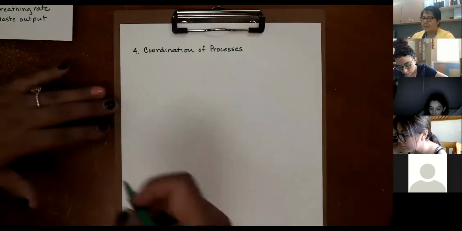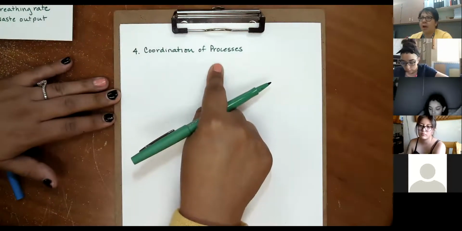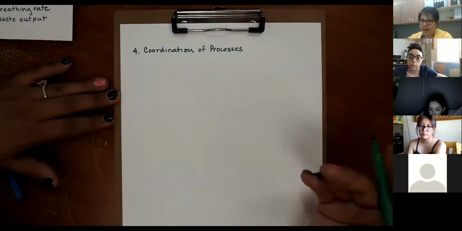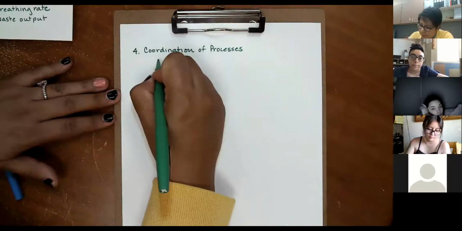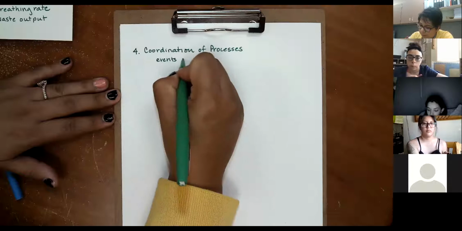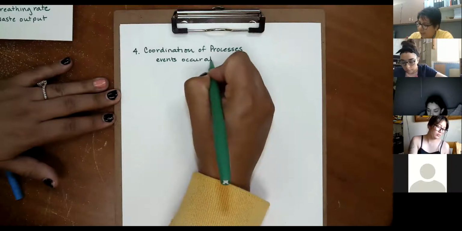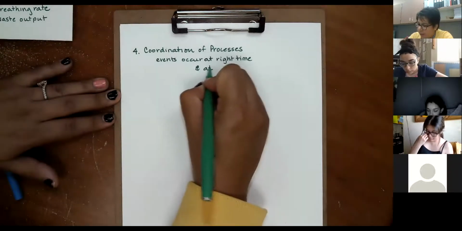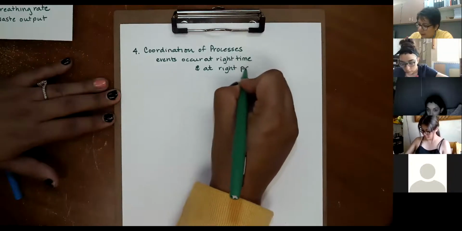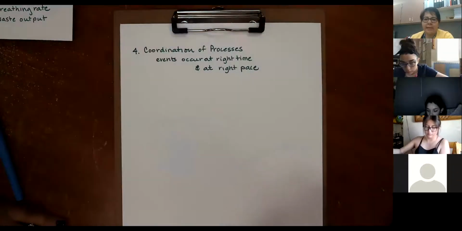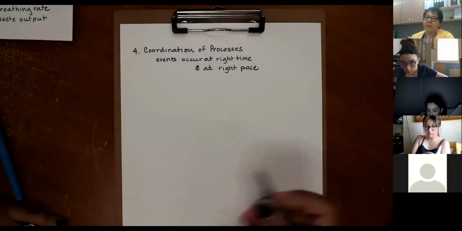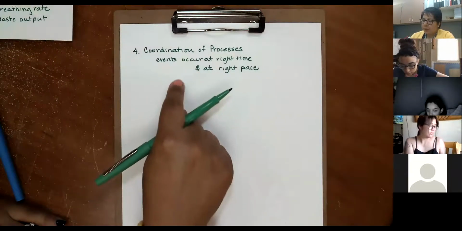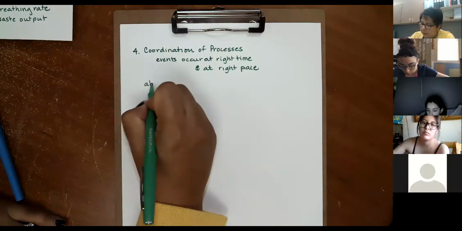All of the processes, and you can think about this as your homeostasis, all of the things that happen in order for you to be healthy, they have to happen at the right time and at the right place. So events have to happen not only at the right time, but also at the right pace. They can't happen too fast, they can't happen too slow, and they have to happen at the right time. If something interrupts all of this, you have to have the ability to correct it.